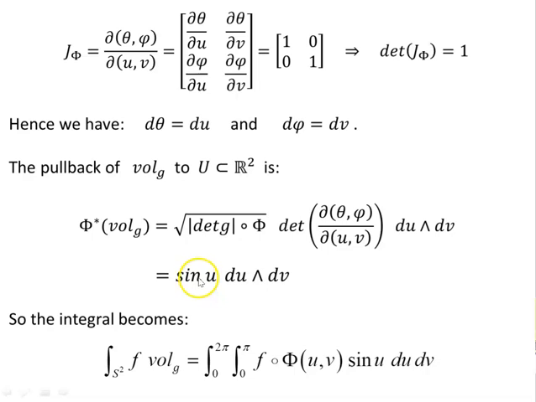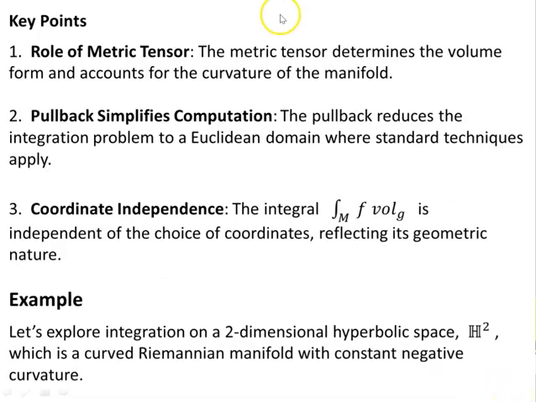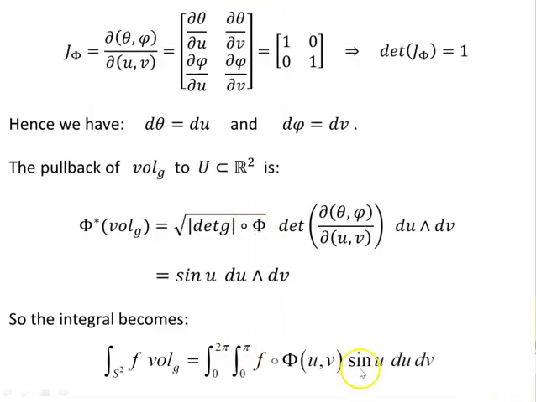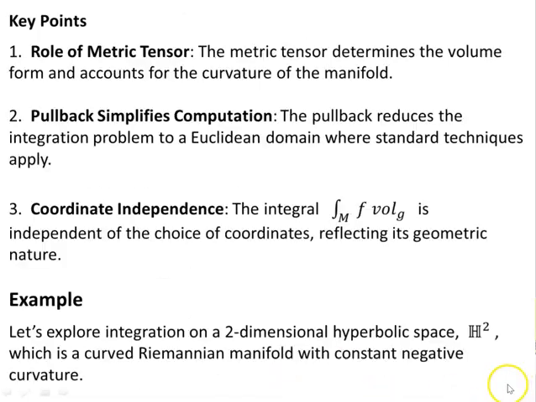Previously this would have been sine theta d theta wedge d phi. So the integral over S2 of f under the volume form is just f composed with phi of (u, v) times sine u du dv. Then you would evaluate that, whatever f is, and move on.